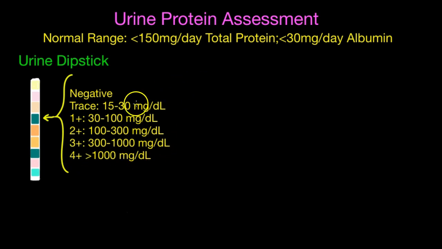But keep in mind, I want you to look at the units here. We're basically just measuring the concentration of albumin in the urine. In terms of what we determined as the normal range, we're talking about amounts excreted per day. So this is just talking about concentration in the urine. This is important because the color change here is highly dependent on the concentration of the urine itself.